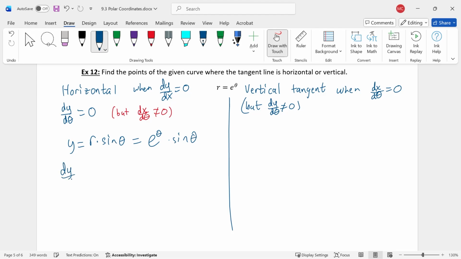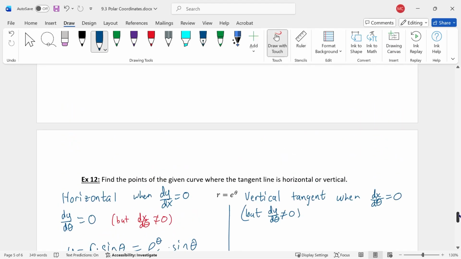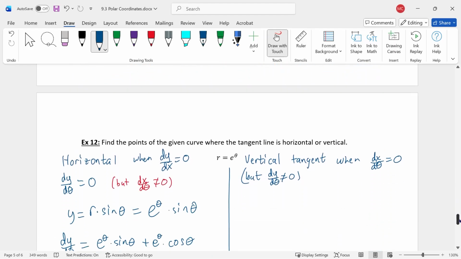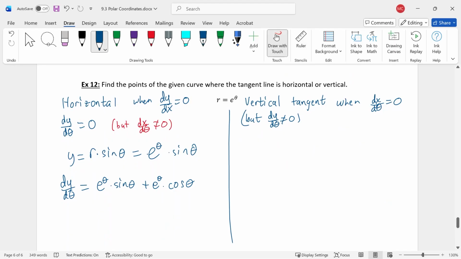And so dy/dθ is what? The derivative of the first, that's e^θ times sine of θ, plus the first times the derivative of the second, that's e^θ cosine of θ. Notice I didn't actually use our derivative formula here. I just wrote out what y is in terms of θ, and then took the derivative.